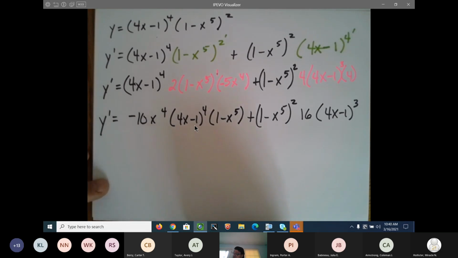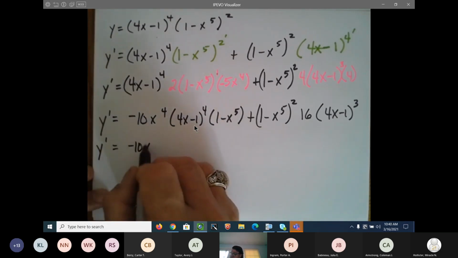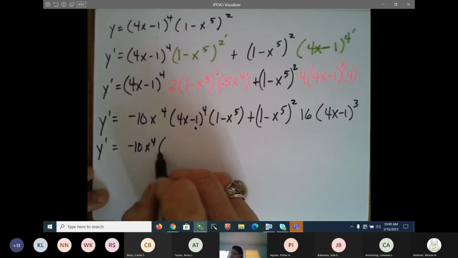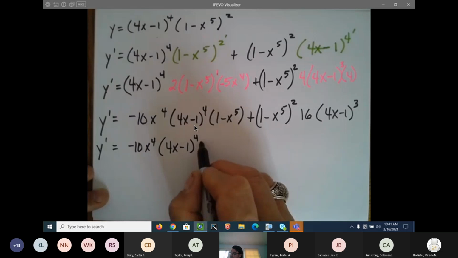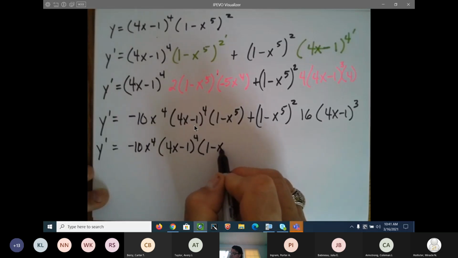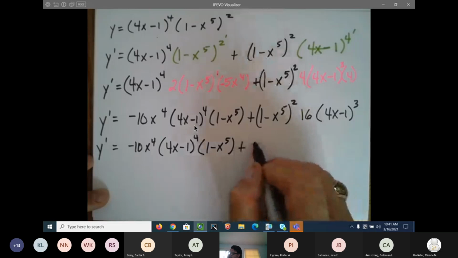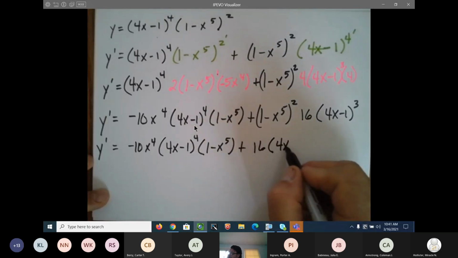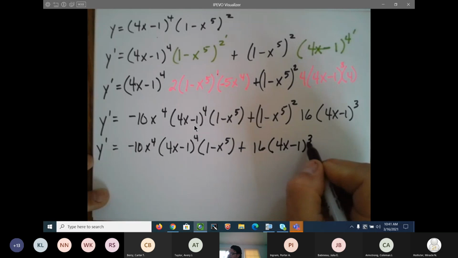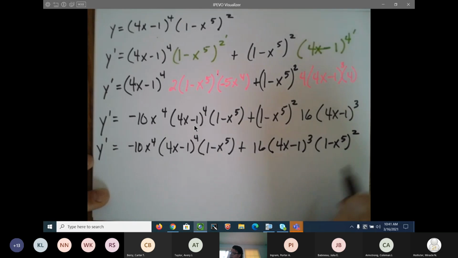Yuck. y prime is equal to negative 10x to the 4th times 4x minus 1 to the 4th times 1 minus x to the 5th plus 16 times 4x minus 1 to the 3rd times 1 minus x to the 5th squared.